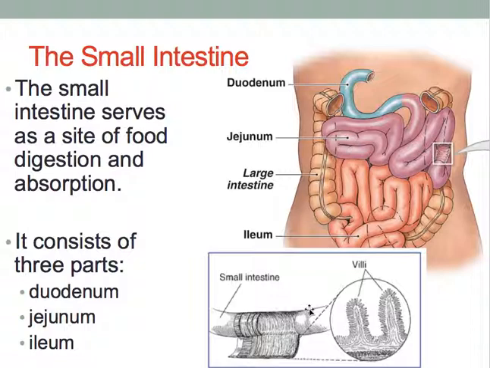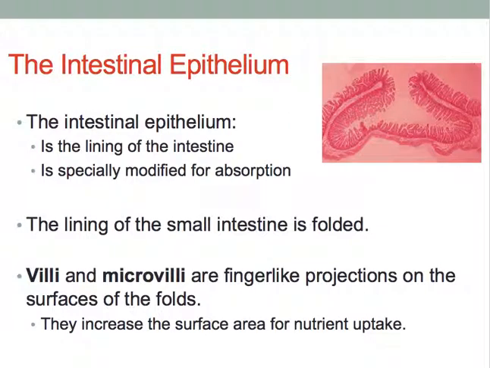The villi themselves, these finger-like projections, are covered with something called microvilli. So there's villi upon villi, which help to further increase the surface area for absorption of nutrients. Here is another picture of that. The intestinal epithelium is the lining of the intestine, and it is specifically suited for absorption of nutrients.